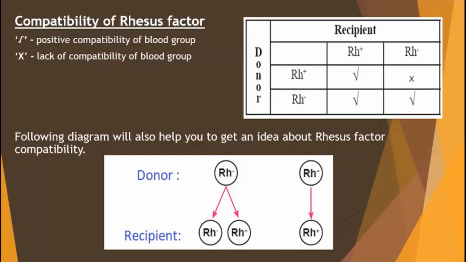But an Rh negative donor can donate to both Rh positive and Rh negative recipients. The diagram also explains the compatibility of Rhesus factor between Rh donors and recipients.